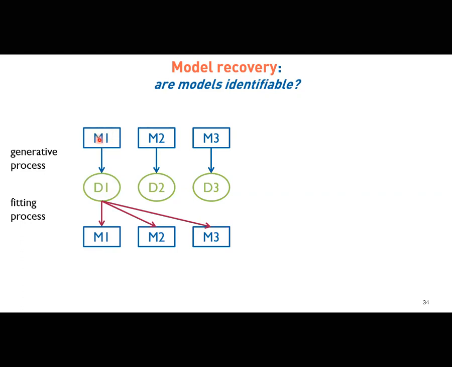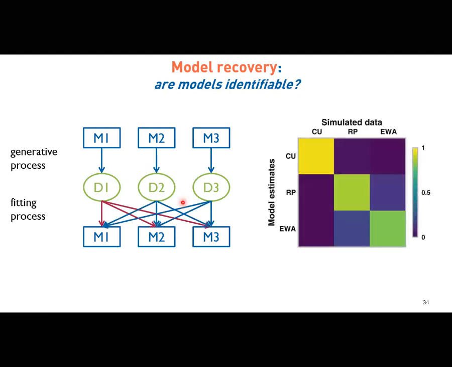Because model 1 is the true process that is used to generate data. If you do model comparison, how come model 2 is winning against model 1 and model 3, right? So this is the idea. We want model 1 to be the winning one if we know the data is generated from model 1. So we repeat the procedure, and then we will see if that is indeed the case.